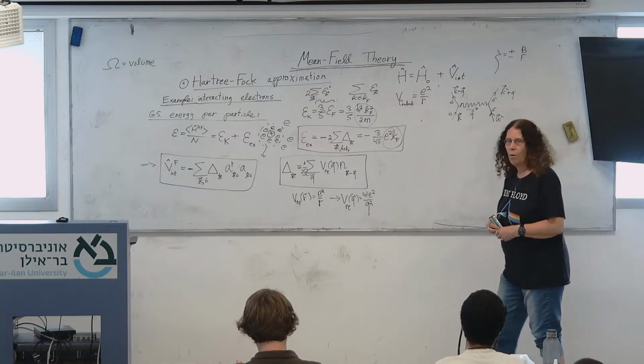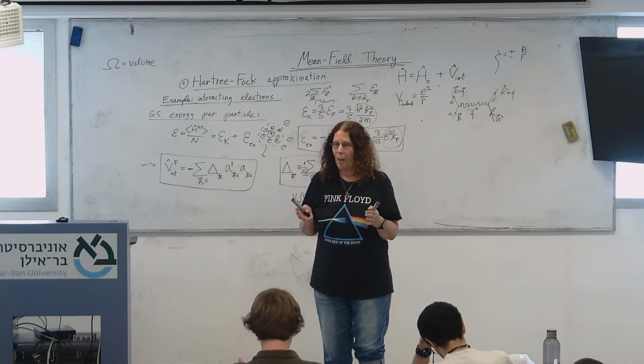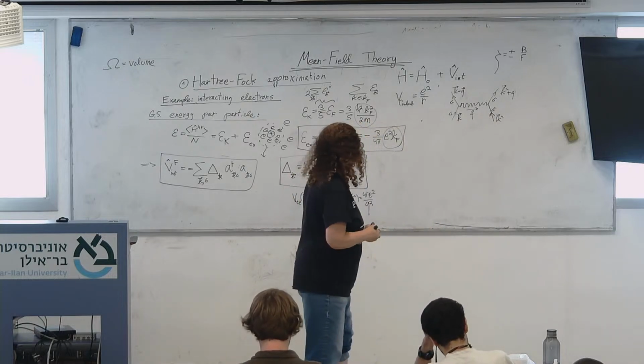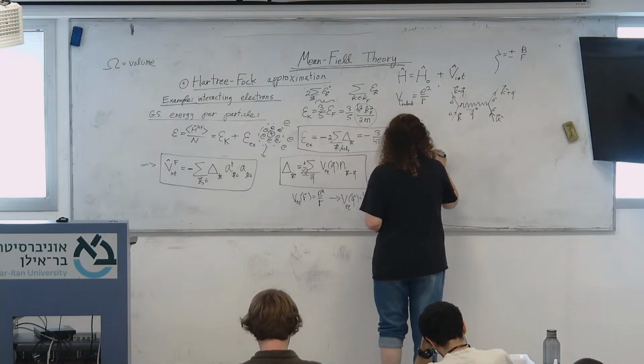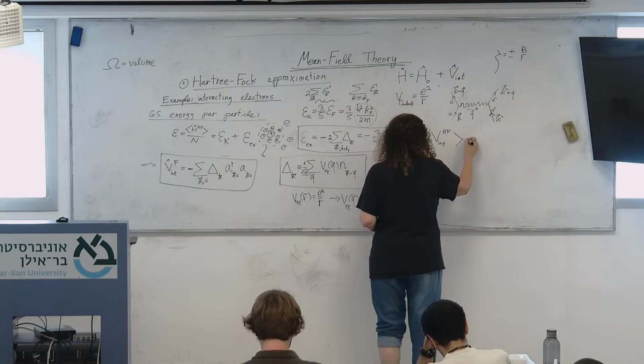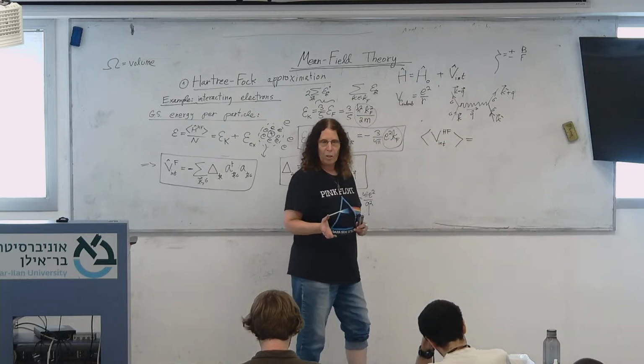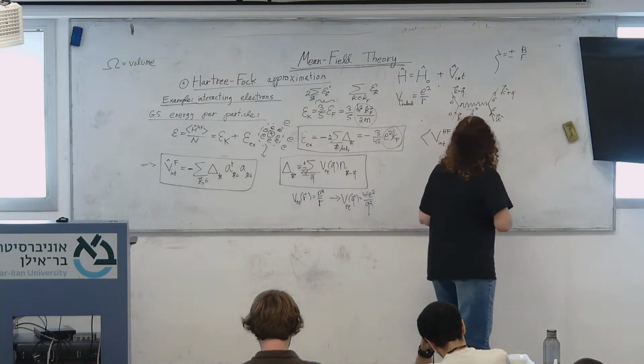If I want to know the Hartree or Fock energy, I have to put it in an expectation value, okay? So the expectation value for the interaction is going to be a sum of 2 contributions from the Hartree and the Fock.